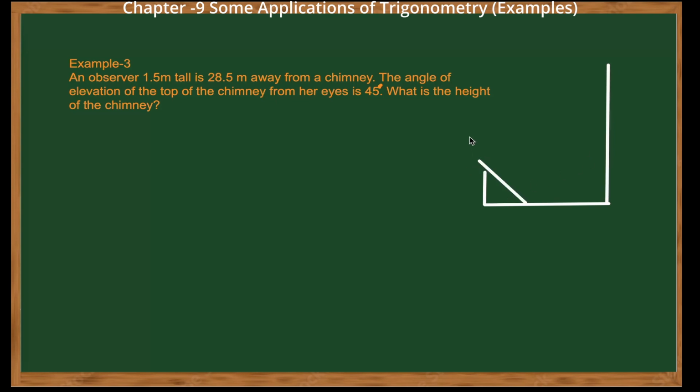The angle of elevation of the top of the chimney from her eyes: the person is standing here, almost 1.5 meter tall, and from here the angle of elevation goes to the top of the chimney, till here.